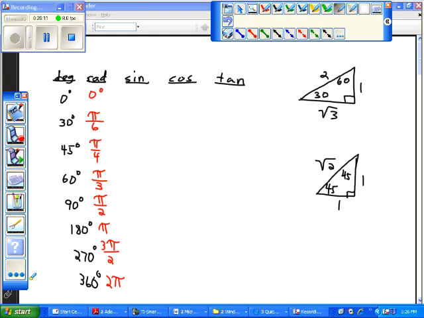I'm going to highlight the bottom here. There are 2 pi radians in a circle, and we haven't talked about what a radian is. We know that the circumference of a circle is 2 pi r. When we talk about degrees, we're talking about clicks of rotation. There's 360 clicks of rotation.